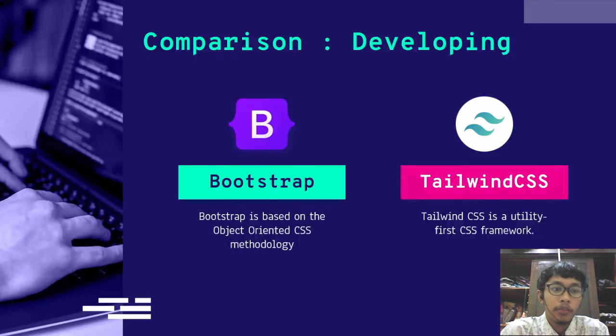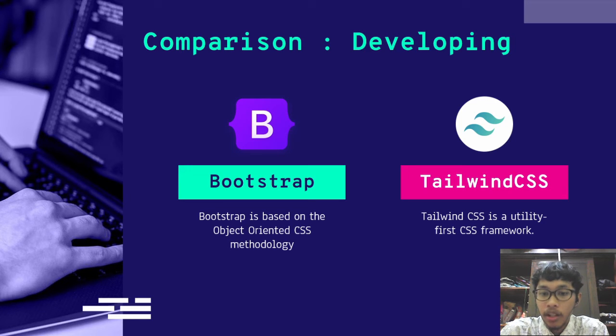Okay, developing Bootstrap. Bootstrap is based on the object-oriented CSS methodology, which has become one of the most popular ways of managing style sheets and classes. Before object-oriented CSS, we used to create separate classes and styles for any component that looked different.